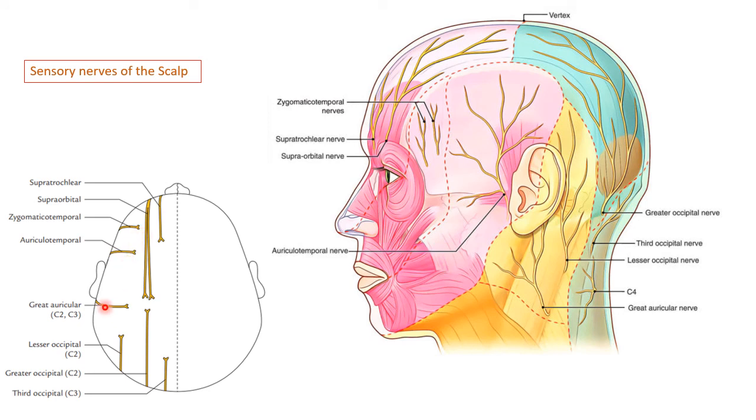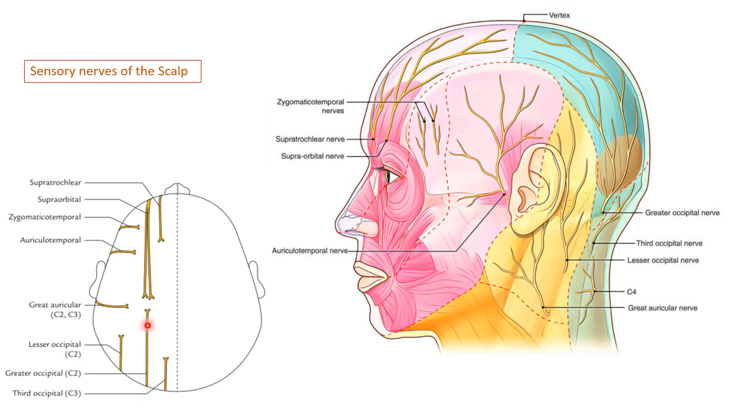Now we will discuss the 4 branches behind the auricle. This is the great auricular nerve. The great auricular nerve is derived from the ventral rami of second and third cervical nerves. Then comes the lesser occipital nerve. The lesser occipital nerve is derived from the ventral ramus of the second cervical nerve. Then comes the greater occipital nerve.